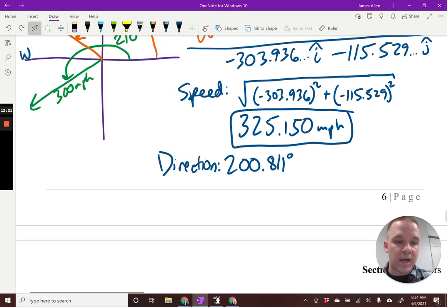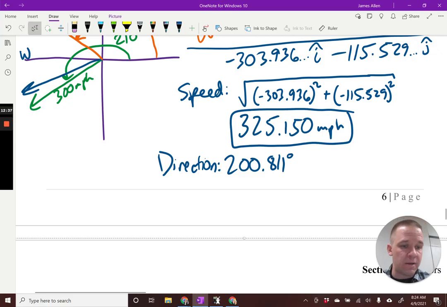So if that's my direction as far as a trig value goes, could we write that as a compass direction, right? So we're heading, so that's like right here. That's my resultant vector, right? We said that was 20 degrees off of this guy, right? Okay.